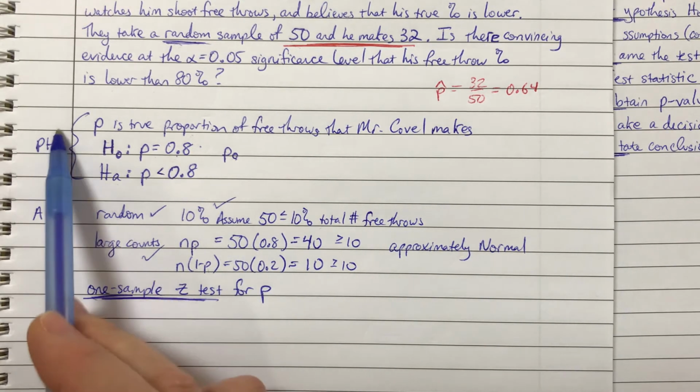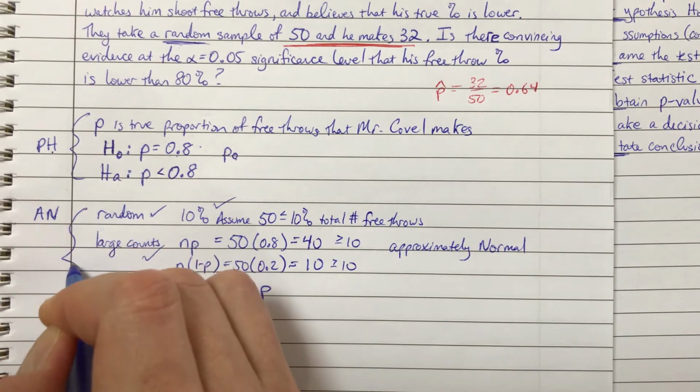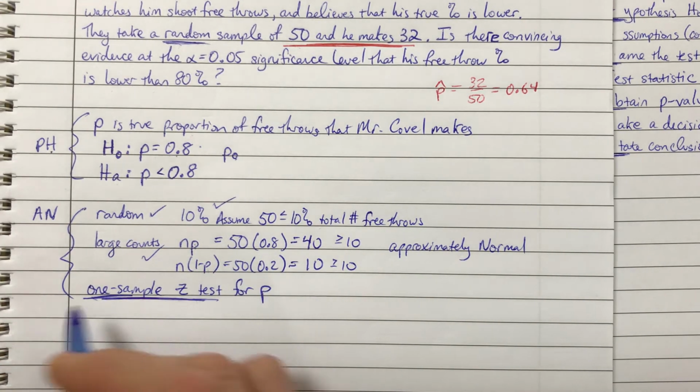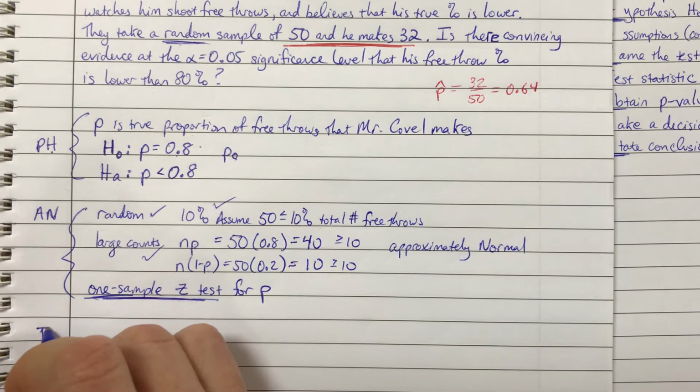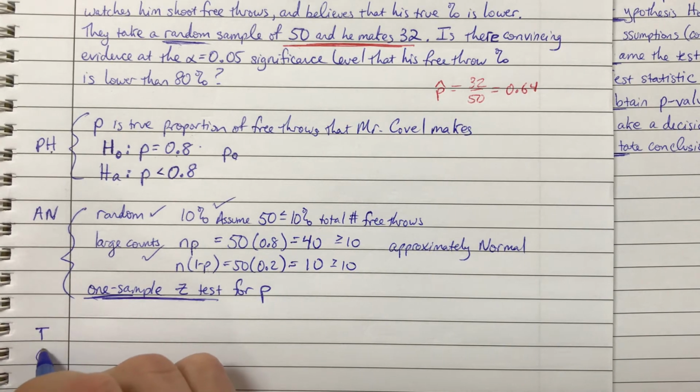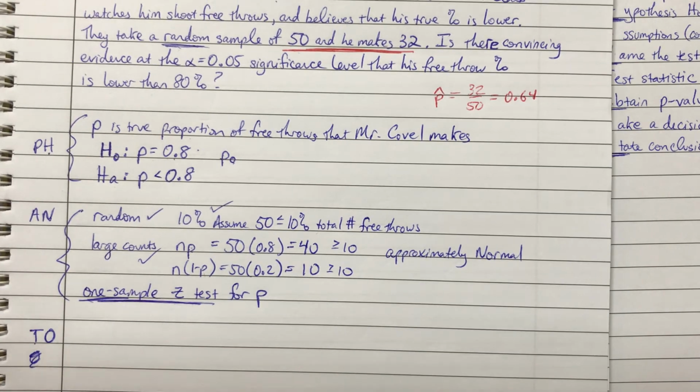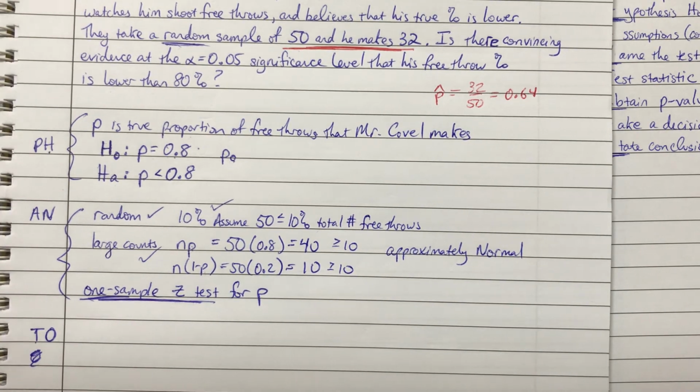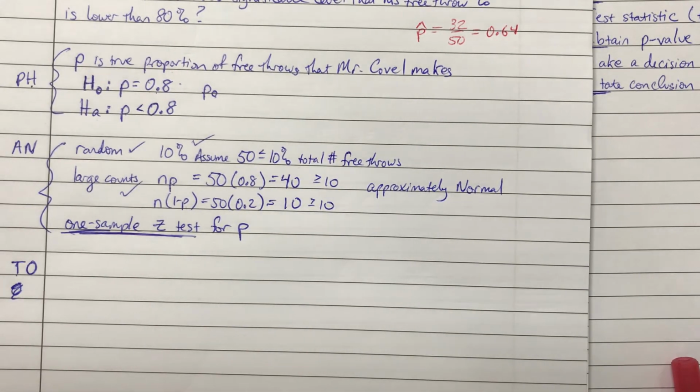Okay, so we've got PH, AN. Now the next part is where we need to test the statistic, and then we need to obtain, TO, test the statistic and obtain a p-value. Now for that, we're going to do this by hand, but then I'm going to show you on the calculator.